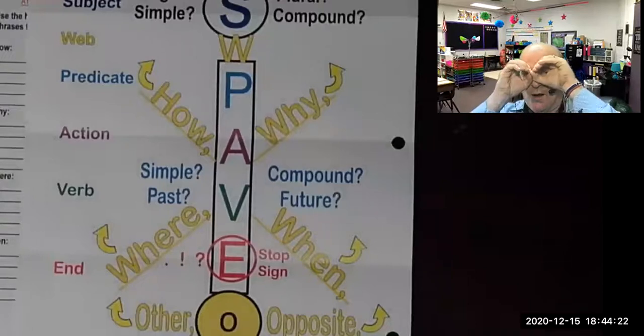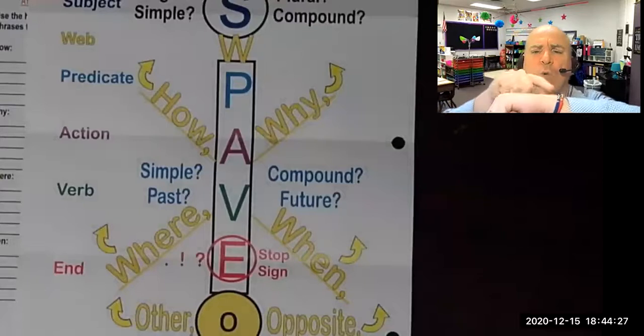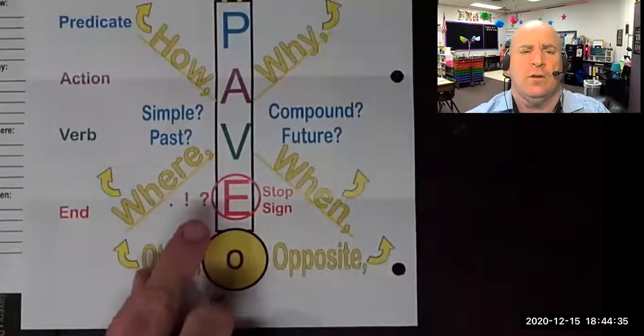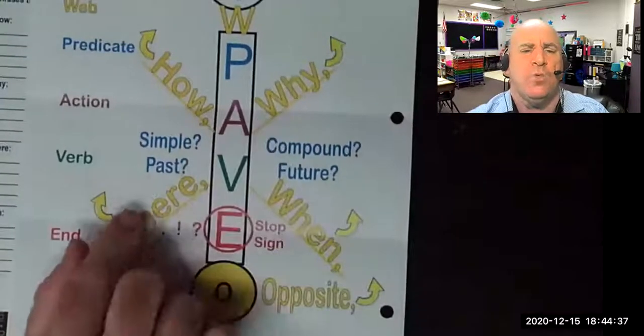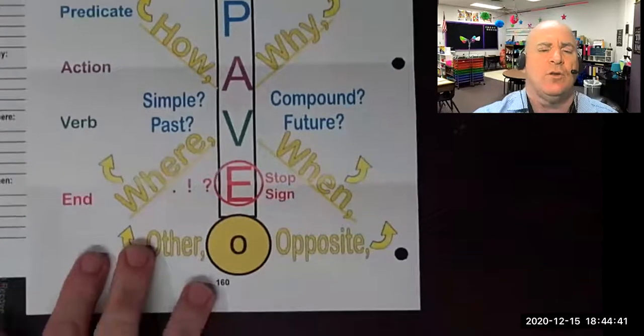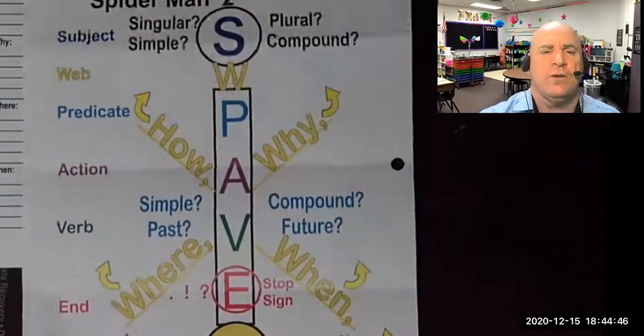Looking around the room, where. Draw a little circle on your watch, O. Then touch your watch, O as in other or opposite. When. To start with, how, why, where, O, when. You often put a comma, then.